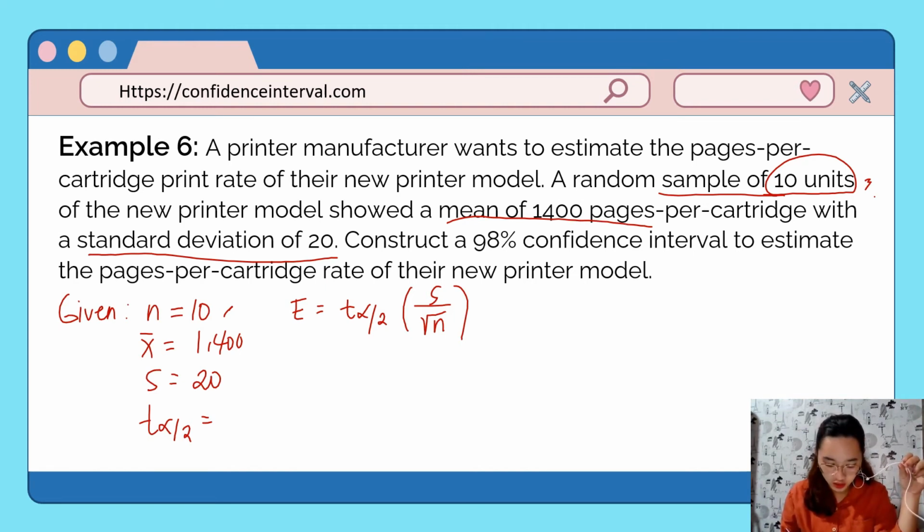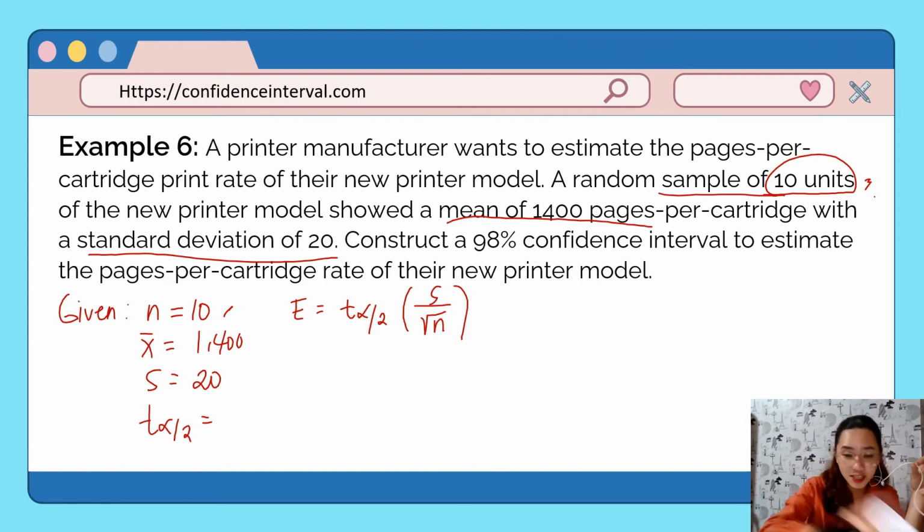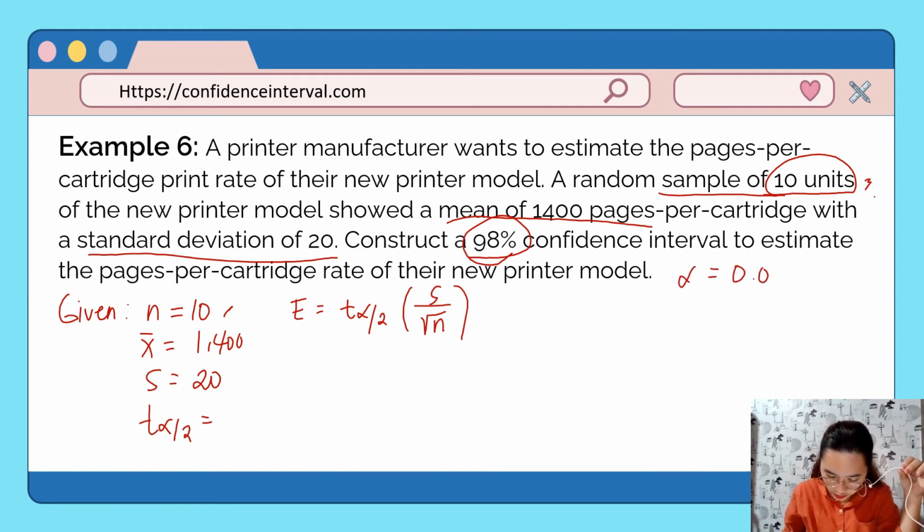So, paano po gagawin yon? Kailangan natin ng, of course, t-table. So, to use our t-table, we need yung ating alpha over 2, then yung ating degree of freedom. Bali, ang confidence level po natin is 98%. Ibig sabihin, ang alpha po natin is 0.02.